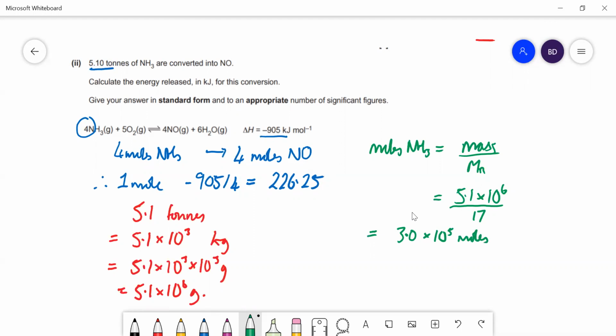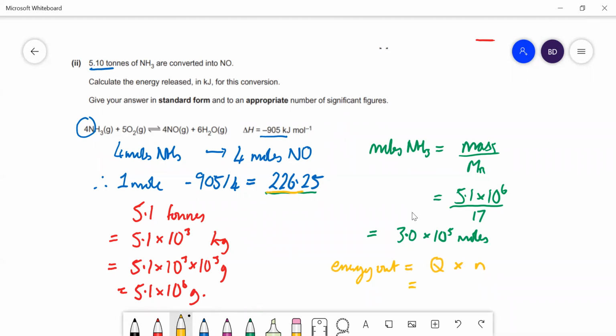Now for 1 mole we get that much energy out, so what's the total amount of energy we get out for all of this altogether? So energy out is equal to the quantity per mole multiplied by the number of moles.